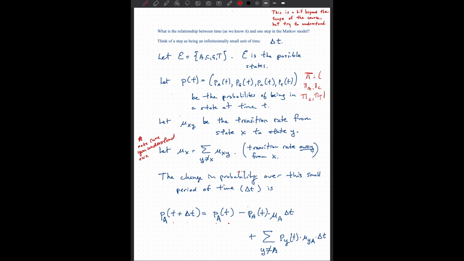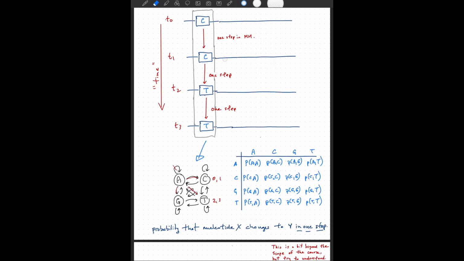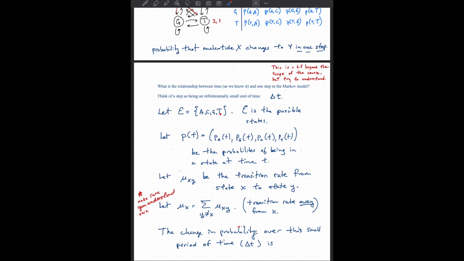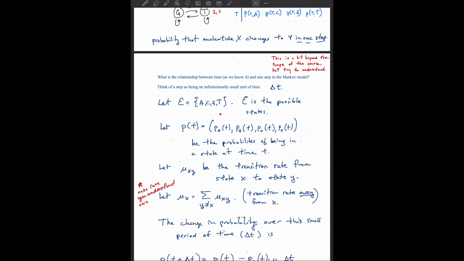So all I'm going to add there is that I just want to ask that you think about this a little bit differently than what we thought of before as a starting probability. Rather, imagine that you're looking at one site in the Markov chain in your head, okay? So we go back here and maybe you're staring at this site here, and you simulate without looking at the site now.